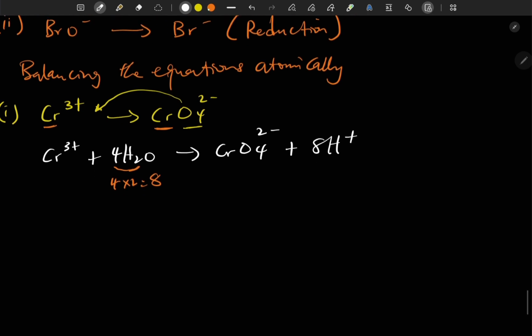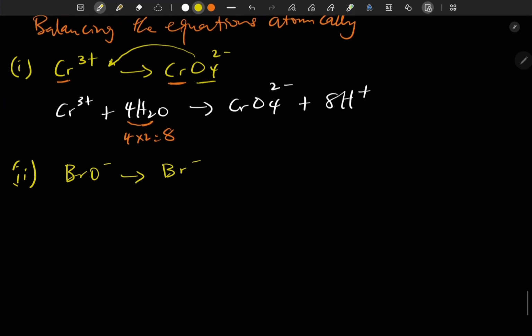Now let's move to equation 2, which says BrO- gives Br-. Now what do we do here? Let's check the central atom. Bromine is balanced, so we don't need to balance it. We have oxygen here, 1 atom of oxygen. We are going to balance it with 1 mole of water at the other side, so we are going to add plus H2O.